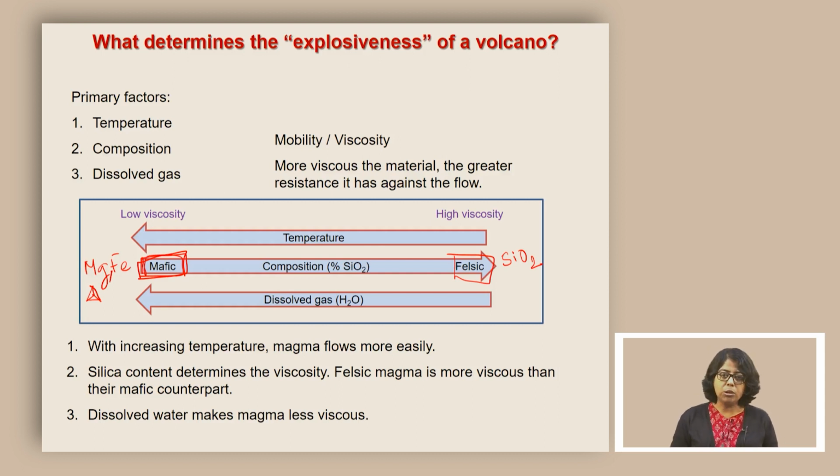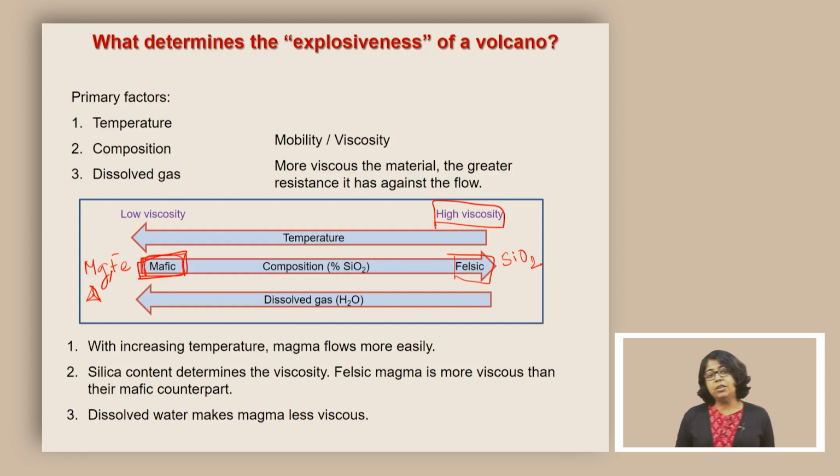So, the more water you put in, it will tend to behave more like independent silica tetrahedra, and therefore, it will have low viscosity. But if you do not have enough water, then it will tend to have very long, more connected silica tetrahedra structures. As a result, it will have a very high viscosity.